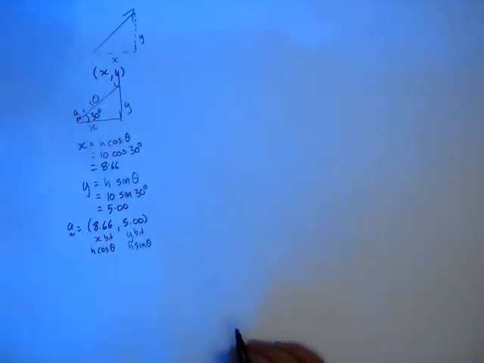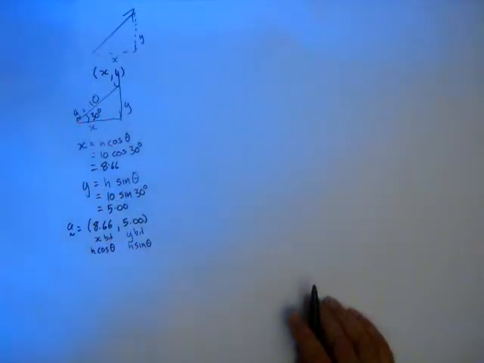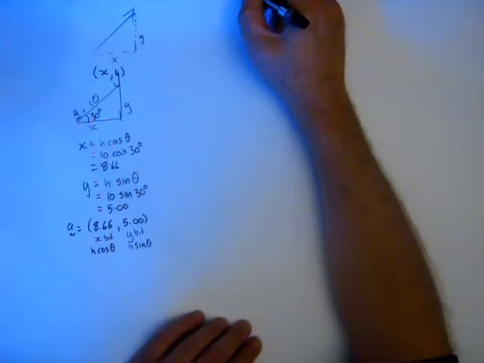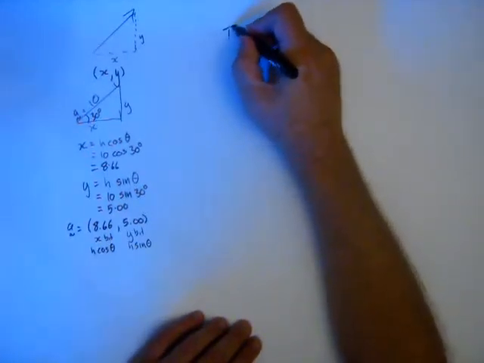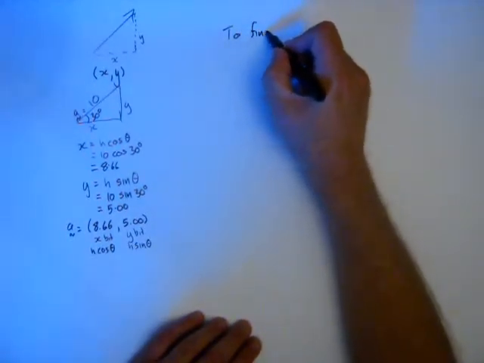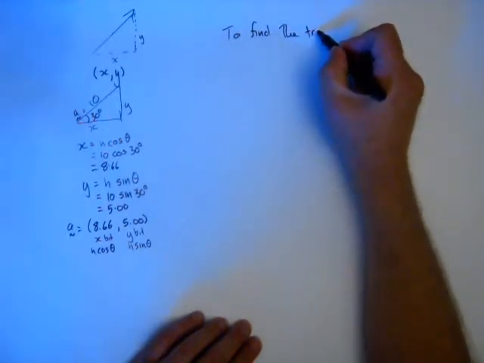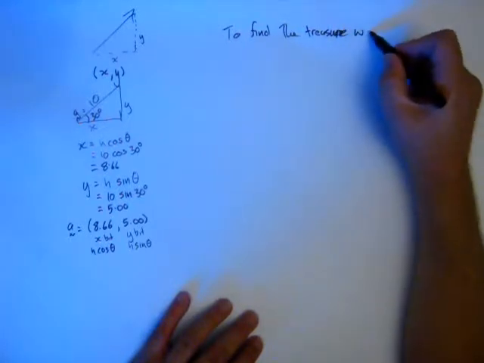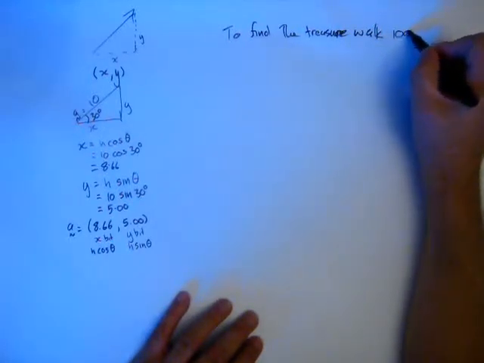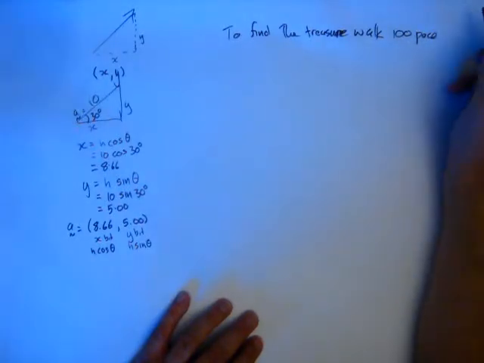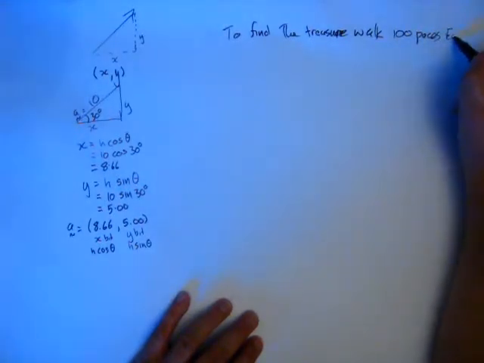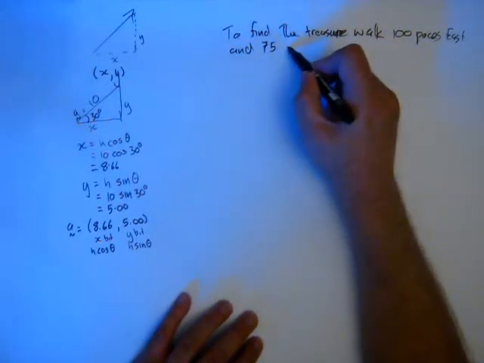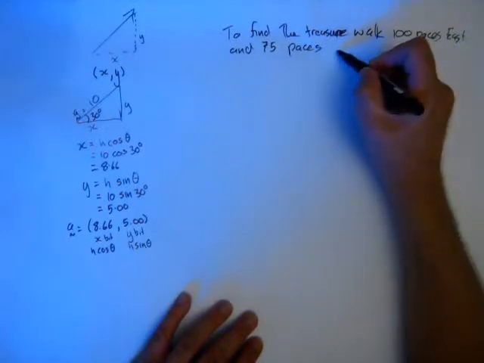Okay, so let's take a fairly simple example that I did before. To find the treasure, walk 100 paces east, 75 paces north.